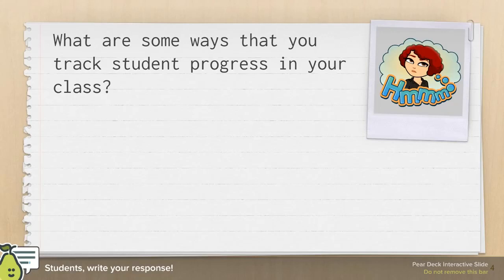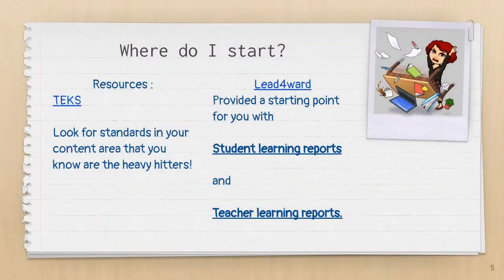And then she asked the audience, what are some ways that you track student progress in your class? From what I've seen, a lot of teachers have their kids write it down, or they show their kids, have conversations with them, and then of course talk about it in their PLCs to help figure out new ways to keep their students on target. And of course, where do I start? I think a lot of us already kind of know this information offhand.